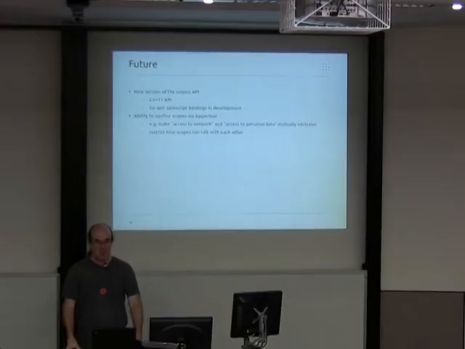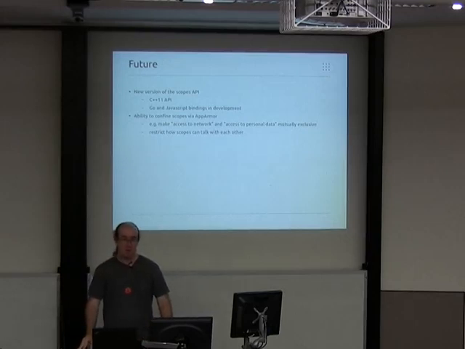One of the things we want to hit with that is making sure that, say, a scope which touches the network, like the Google Drive one, won't be able to read your personal data locally, or alternatively, a scope that does touch your local data won't be able to then send it out to the world. And some of this gets more complicated if we've got aggregating scopes. You don't want to have all the scopes talking to each other.